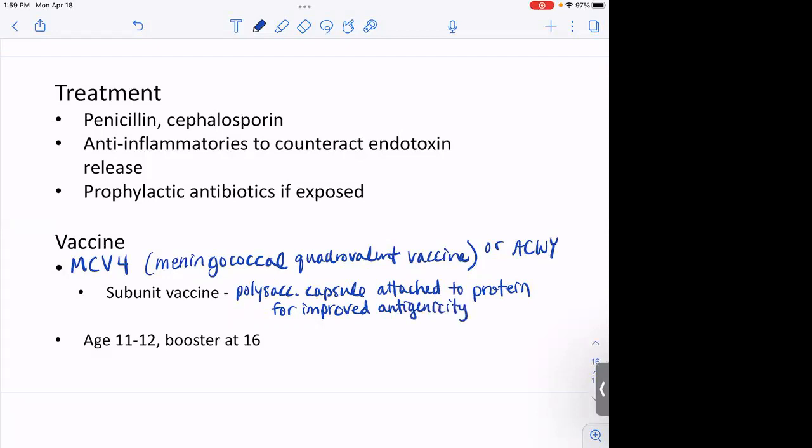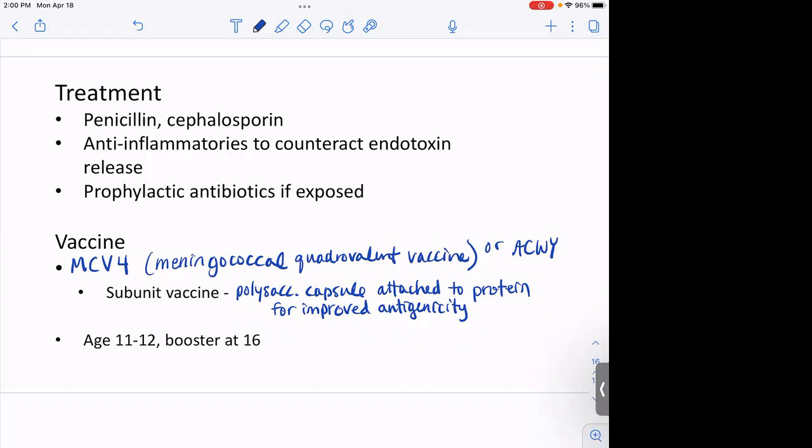And I tried to look up the specifics about what protein they used, and I think it's actually part of like inside the organism. Okay, but you could consider it a subunit vaccine. You could also consider it a conjugate vaccine because they're, again, putting lots of things together.